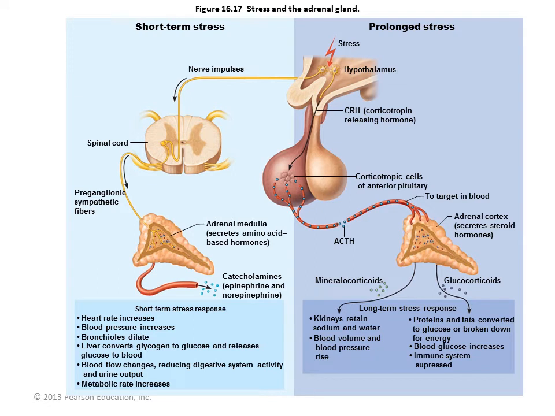And this slide shows you short-term and long-term prolonged stress can cause different phenomena. Glucocorticoids, as you see, keep blood glucose levels relatively constant, and cortisol is released in response to CRH or ACTH.